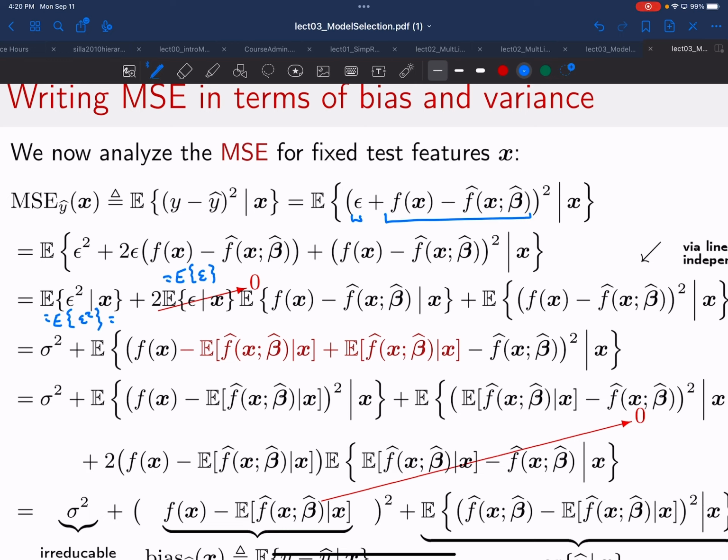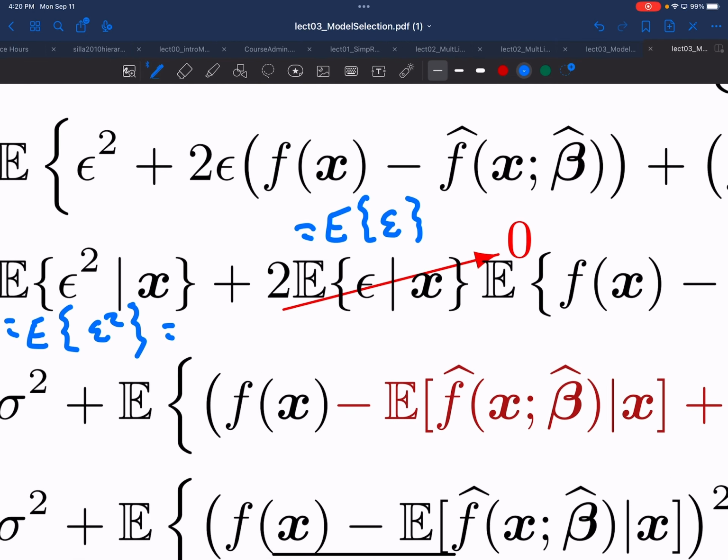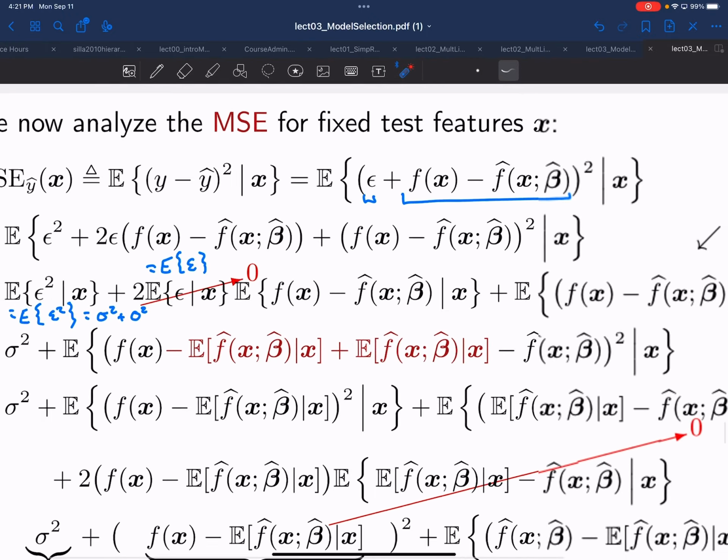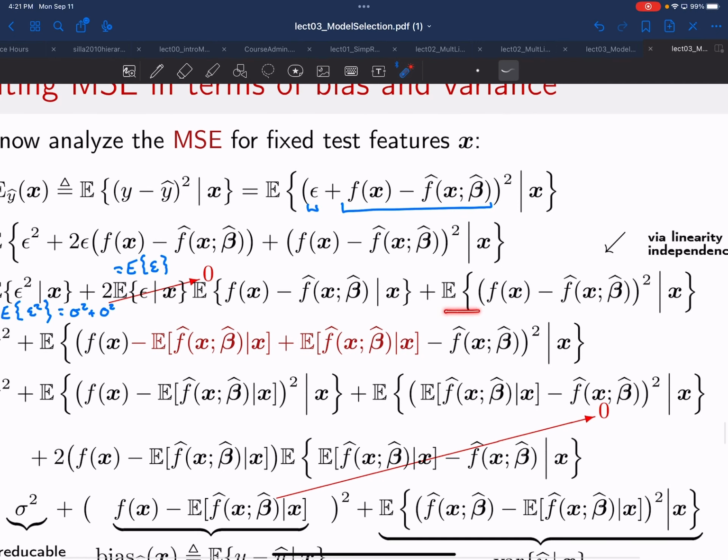Variance plus the squared mean, exactly. The variance of epsilon on the previous page was defined as sigma squared, and the squared mean is 0 squared, because the mean is 0. As a result, this first term just reduces to sigma squared. That was pretty easy. The thing that's going to require a bit more work is this last term here. Any questions so far?